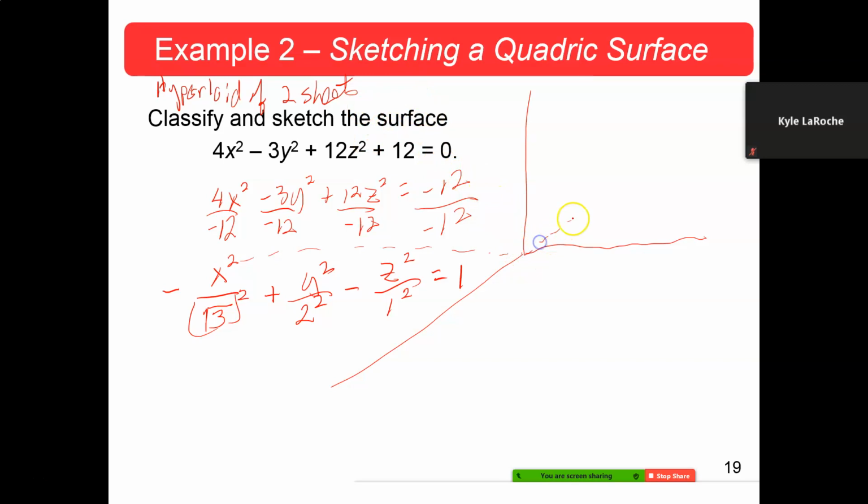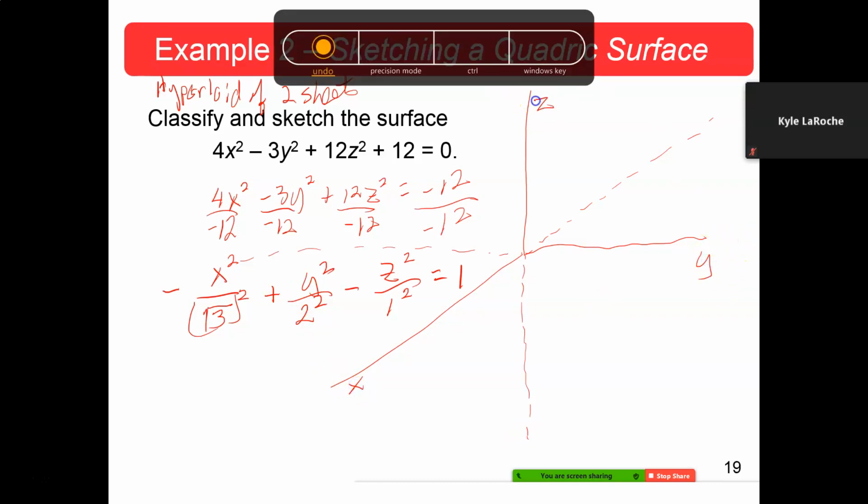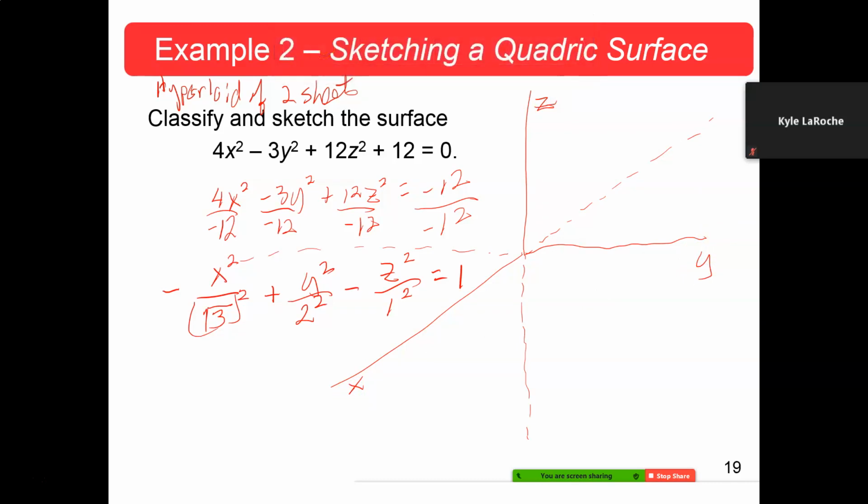Okay, so I don't sketch these things well. Three-dimensional shapes on a two-dimensional board, not an easy thing to do. This is the x-axis, this is the y-axis, this is the z-axis. Now, it doesn't have to be drawn this way, but it does have to be drawn in some type of right-hand rule.